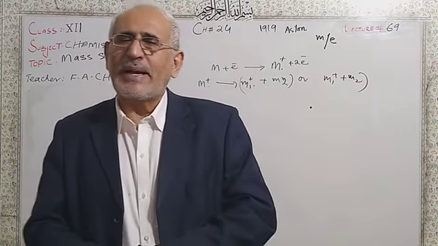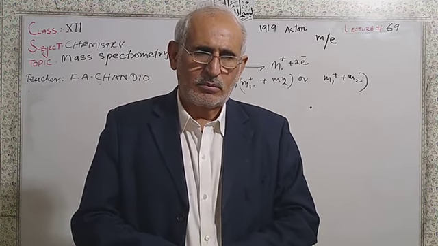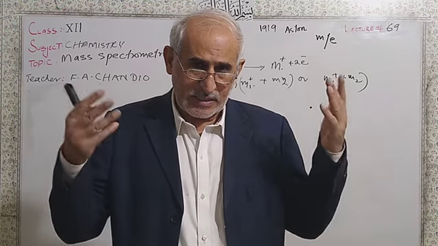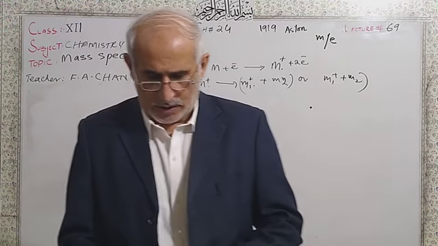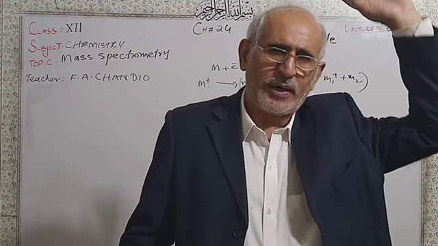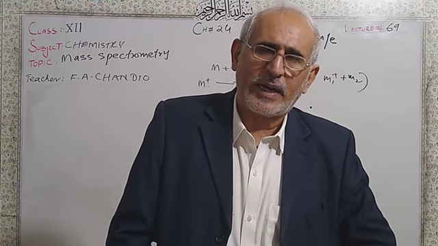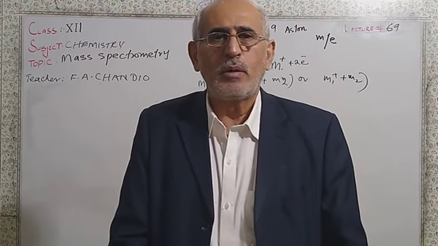So this is for magnesium. Magnesium is a group number 2 element, and its atomic mass is about 24. You can see the long peak, about 99.5% or 98% of the 24. So mostly we write 24.